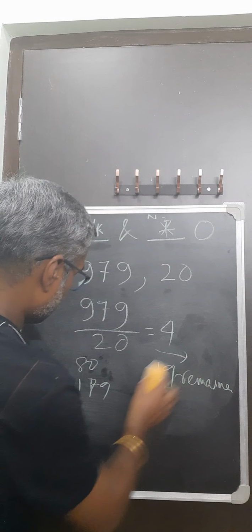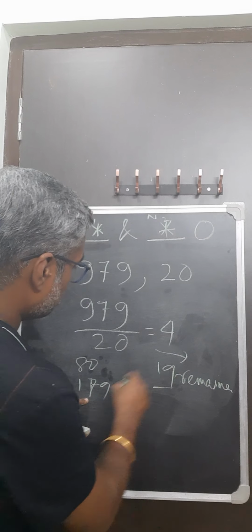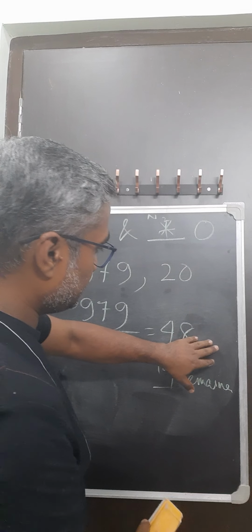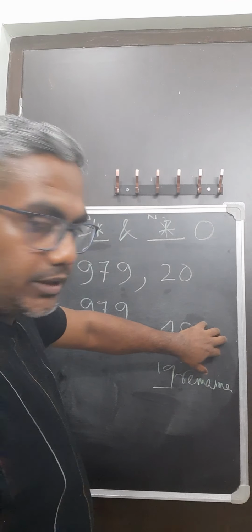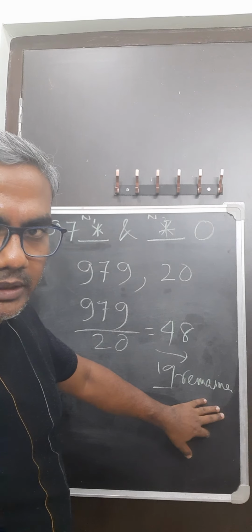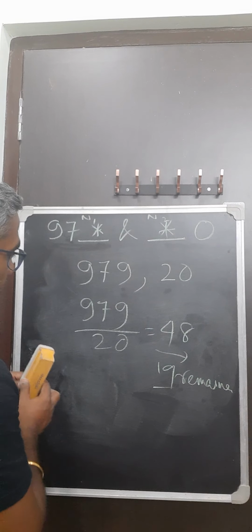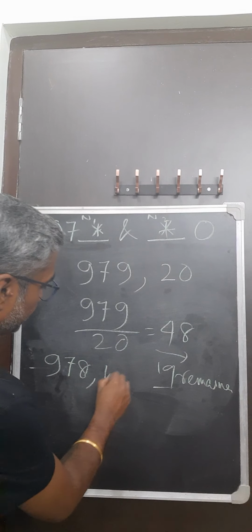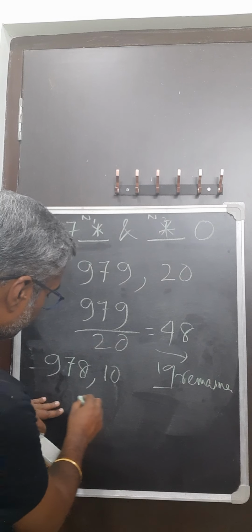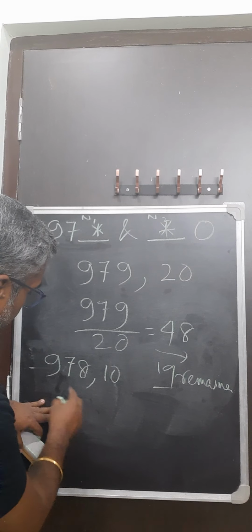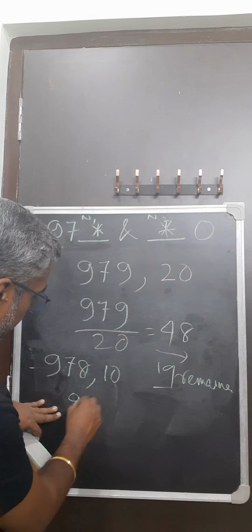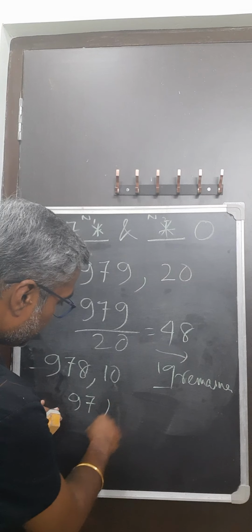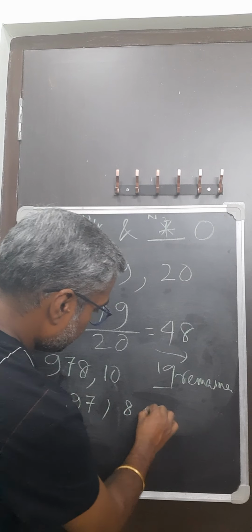No, not 45 exactly. It is 8. So 48 will be your quotient, and 19 will be the remainder that I will get. If I take another pair, the numbers would be 978 and 10. Here it is very easy to divide. The maximum I will get is 97 as a quotient, and 8 as remainder.